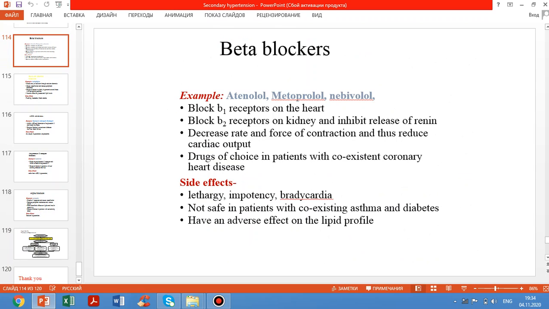Drugs of choice in patients with coexisting coronary heart disease. Side effects: lethargy, impotency, bradycardia. Not safe in patients with coexisting asthma and diabetes. Have an adverse effect on the lipid profile.